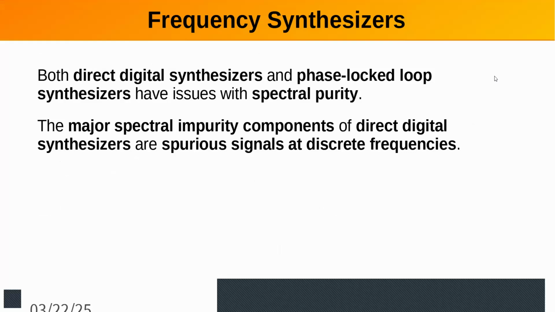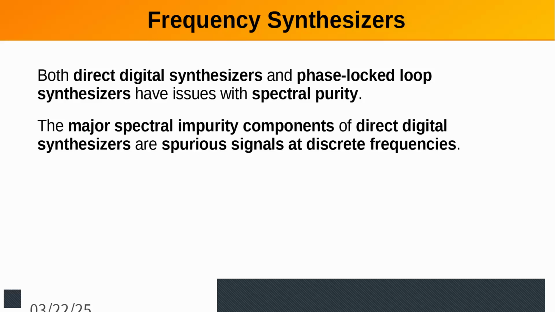Okay, so one of the problems is spectral purity on these things. Even in the case of a phase lock loop, you have a thing called phase noise. So it's kind of like phase jitter. It's one of the issues. With the dividers in there and on the direct digital, you can get a lot of spurious signals because you're really dealing with digital waveforms in there.